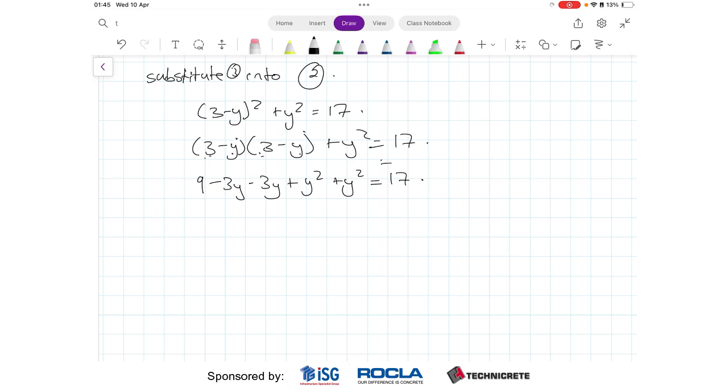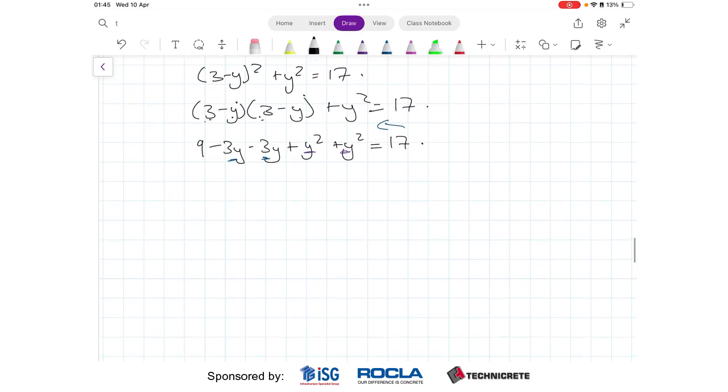Taking this 17 to the left hand side and collecting like terms, we find ourselves with 2y squared minus 6y plus 9 minus 17 equals 0. 9 minus 17 is equal to negative 8.